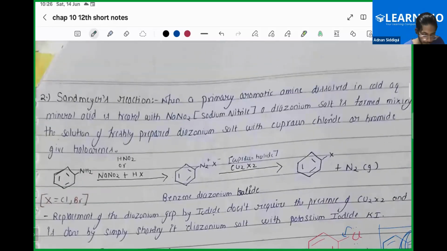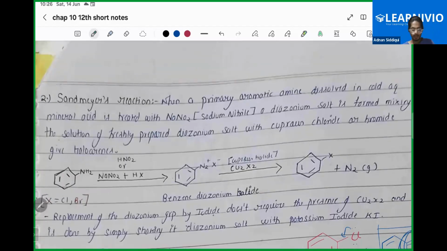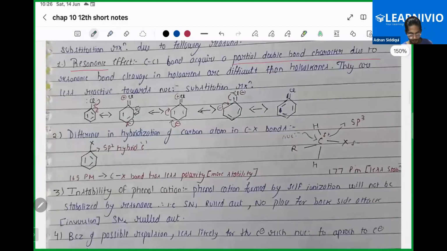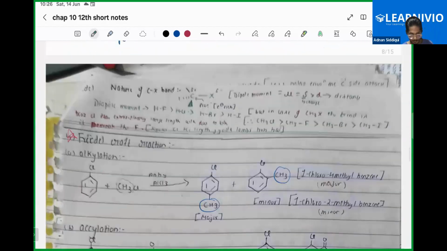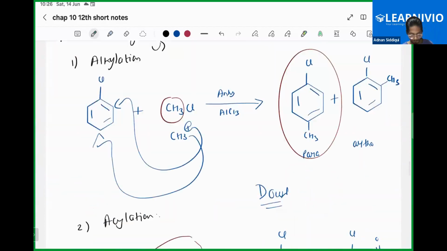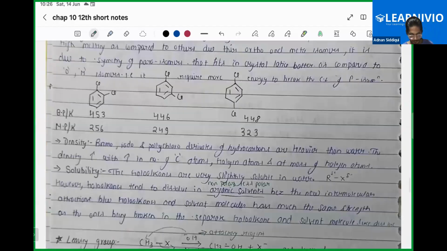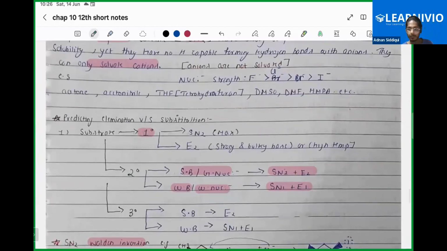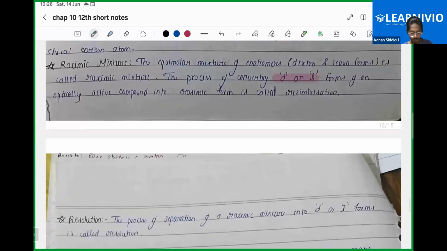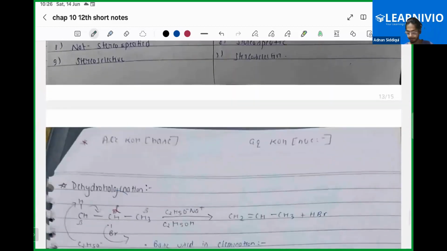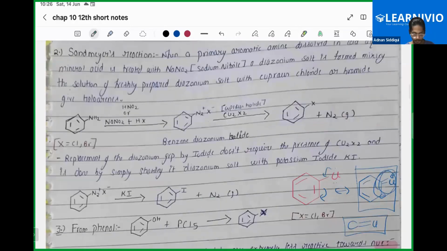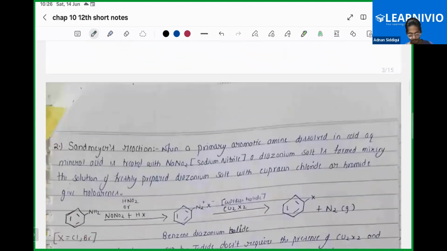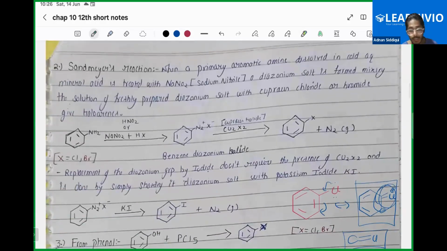Now again, a very important reaction. Send me a reaction. Just give me a second. Give me 2 minutes. Meanwhile, try to read what is written.